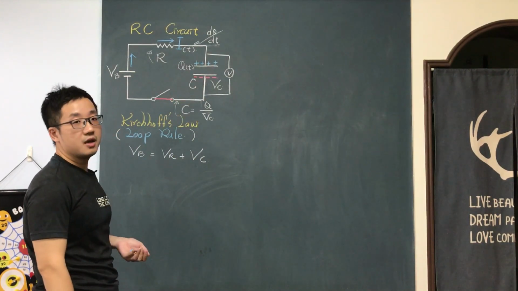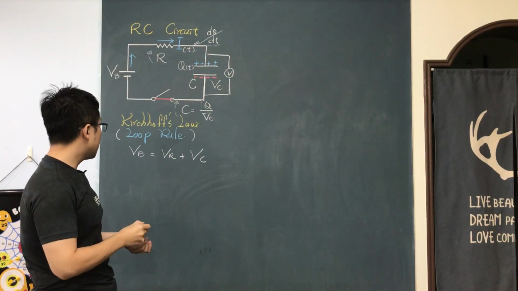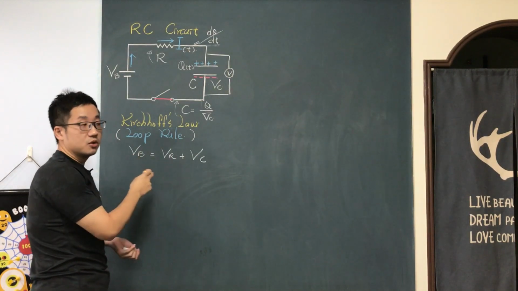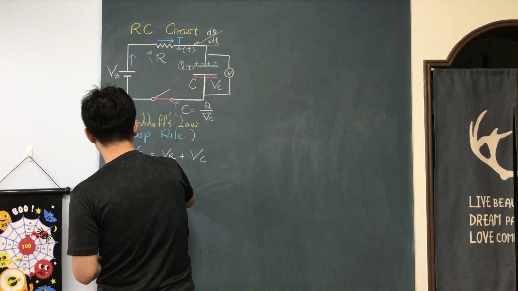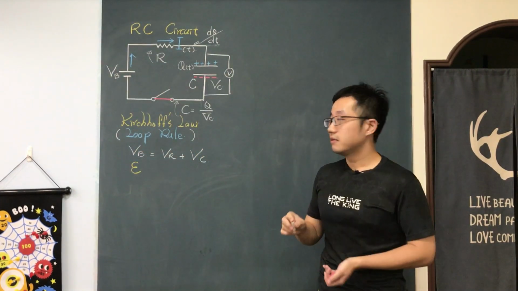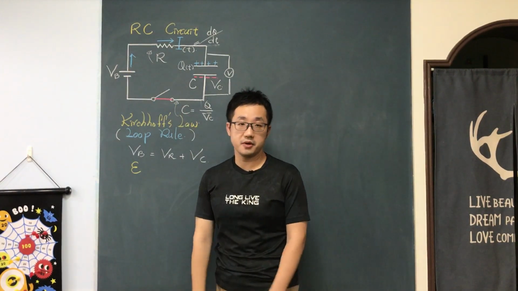Quite simple. And actually, I would like to change this symbol to be E. This is epsilon. VB means the potential difference across the terminals of a battery.